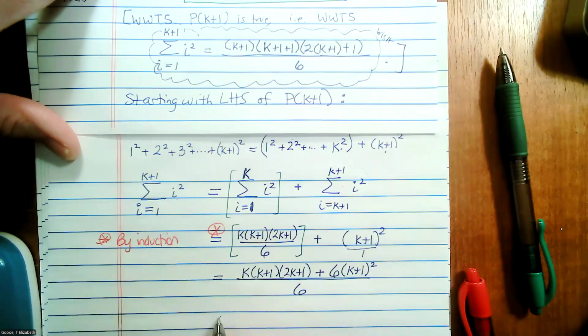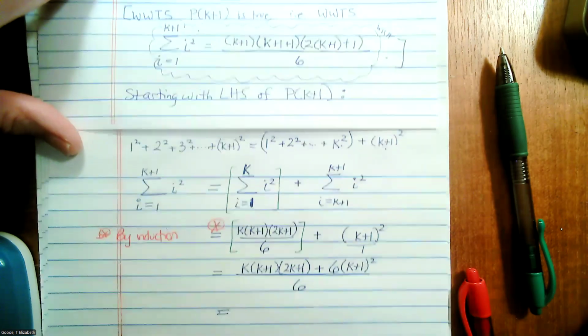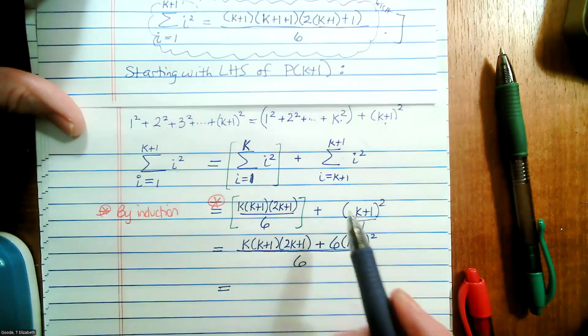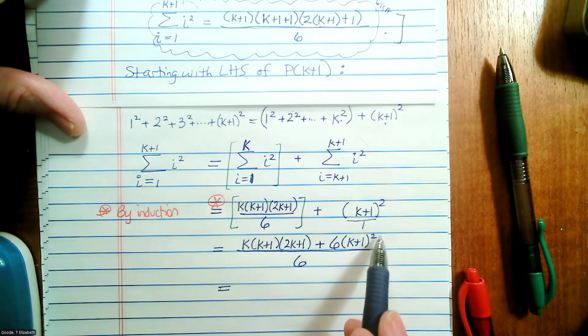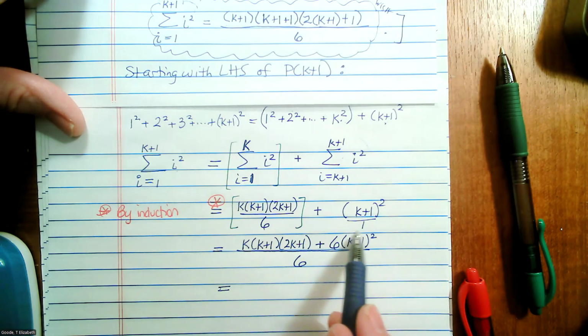Now, there are a couple of ways we can go. I prefer to factor rather than multiply all this stuff out if I can avoid it, because if I multiplied all this out, I'm going to get a cubic. I'm going to get a 2k cubed, and I don't want to deal with that. But I realize I can see a common factor in this term that also appears as a factor in this term.